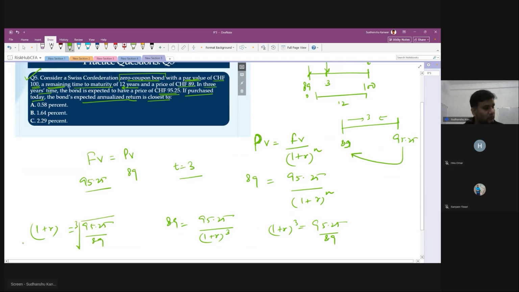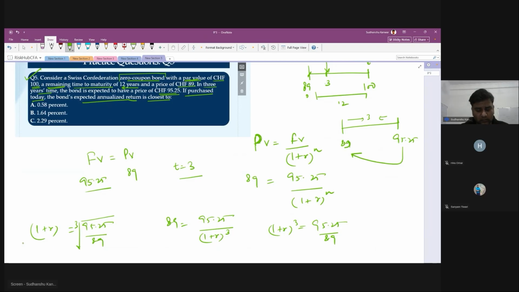So where is my calculator? If we take the cube root of 95.25 divided by 89, raised to power, it should be 0.33 now, not 3. I'm getting 2.26, 2.264 is coming for me.